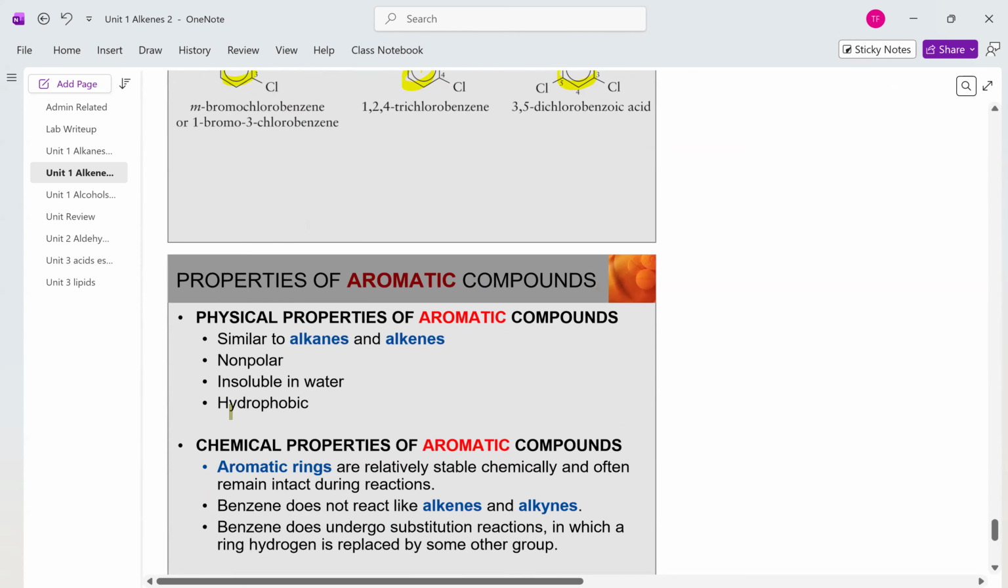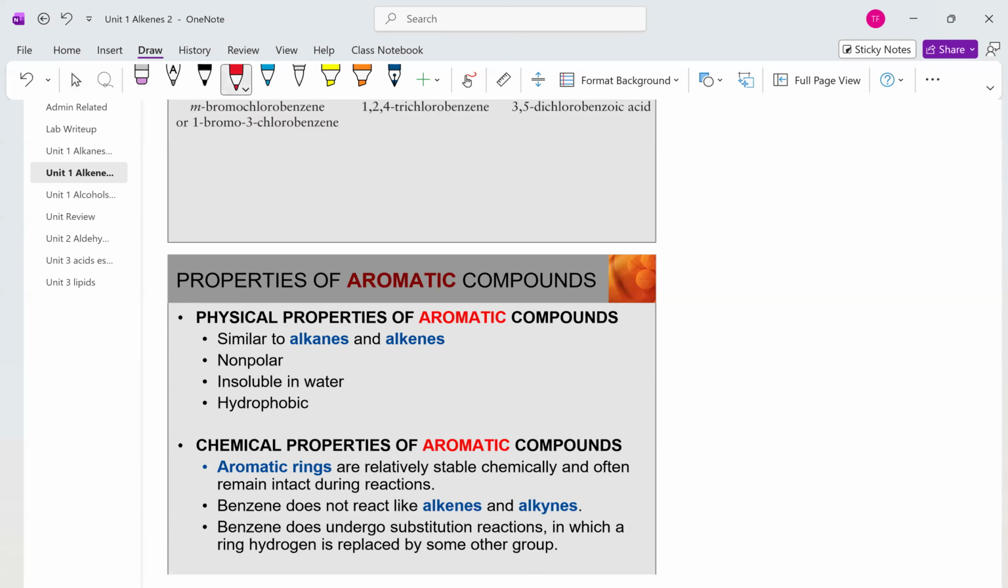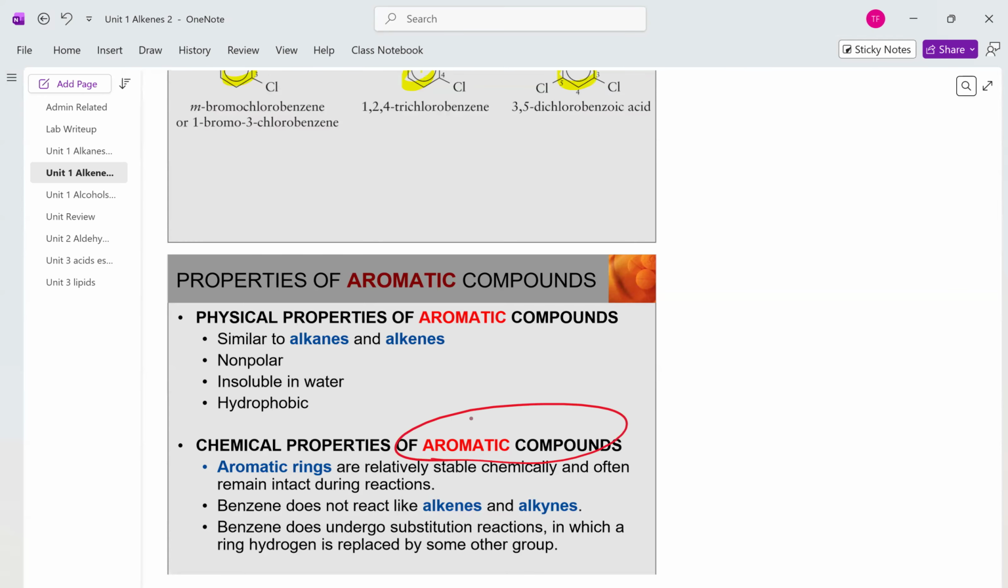Okay, aromatic compounds are like alkanes and alkenes, nonpolar, not soluble in water. They don't like water. Now, the important thing, though, is that aromatic compounds are very stable because of that alternating double and single bond.